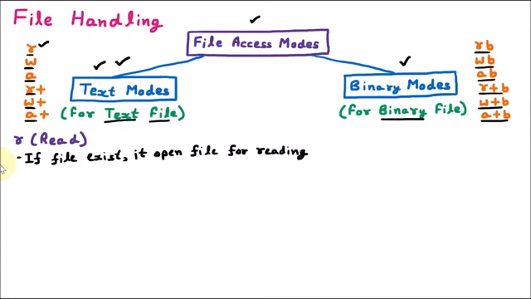But let us assume that the file you want to read is not available. So in that case it will return the null. So whenever we are opening a file in reading mode, if that file is present, at that time the file will open in the reading mode. If the file is not present, meaning it does not exist, at that time a null pointer will be returned.